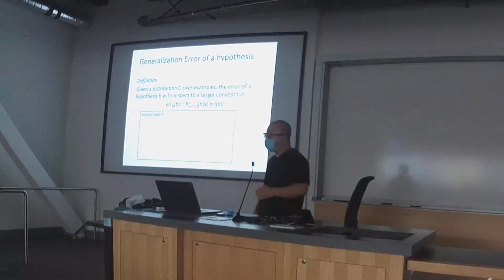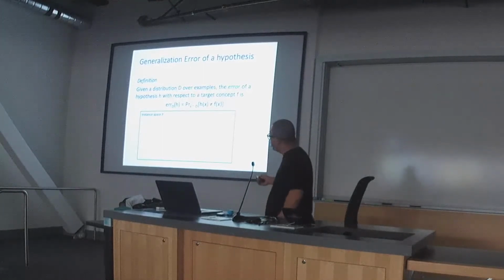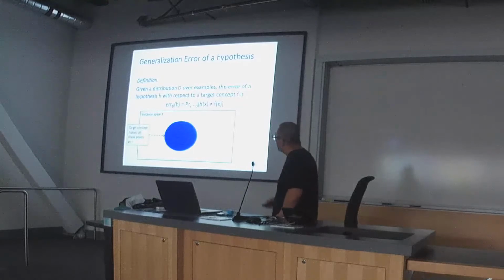Here I want to give a more intuitive explanation of this definition. Suppose this is our instance space X. Remember, we assume some data distribution D, meaning that we have some distribution on X. There might be some high density regions, meaning the points here are more likely to be generated than the points here. Now, this red circle covers all the points where the ground truth function f labels as positive.